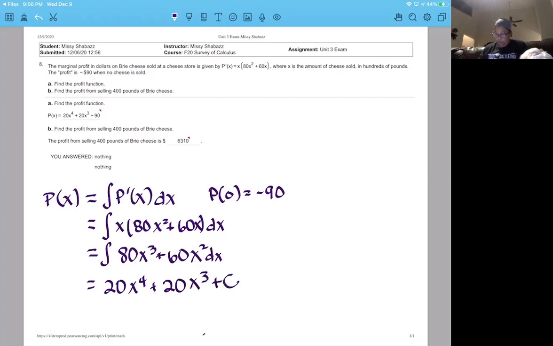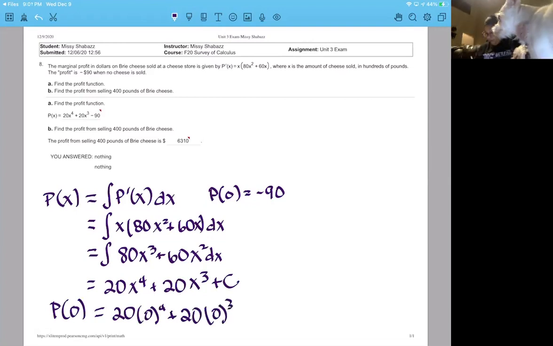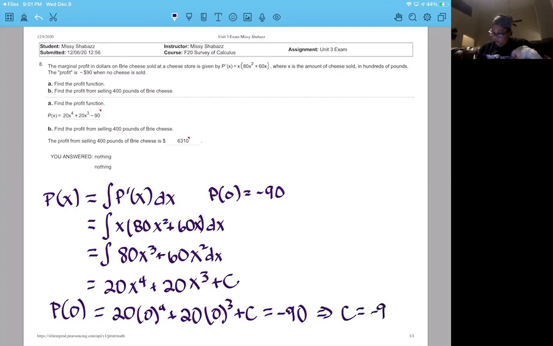Now I'm going to plug in 0, and I get 20 times 0 to the 4th plus 20 times 0 cubed plus c equals negative 90, which means my constant equals negative 90. So P of x is exactly 20x to the 4th plus 20x cubed minus 90.